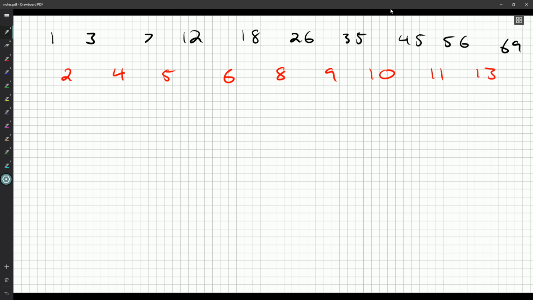Now we're meant to figure out the 100th term. I'm not particularly noticing any patterns here. So to go from 7 to 12, we add on 5.